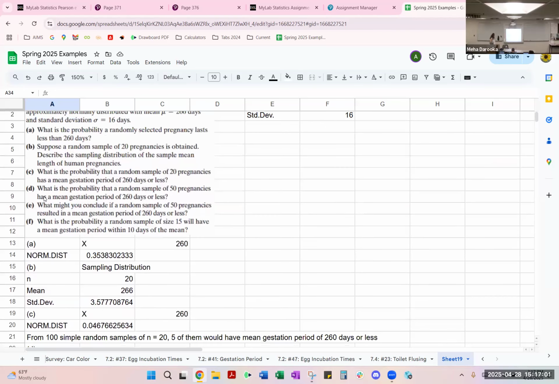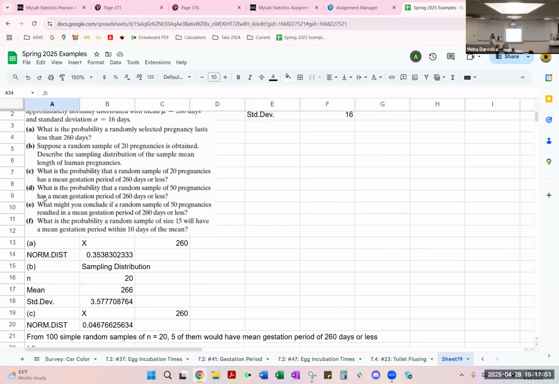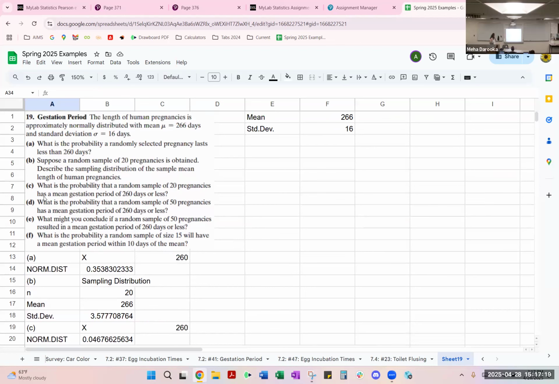Within 10 days of the mean. What are we looking at here, guys? What are our X values going to be? Mean is at 266.